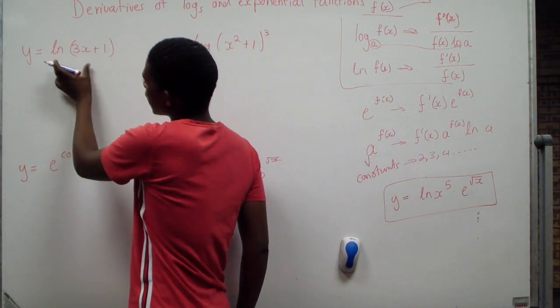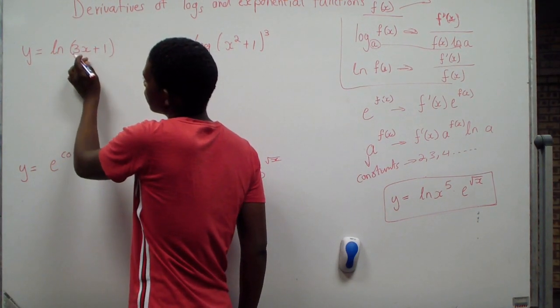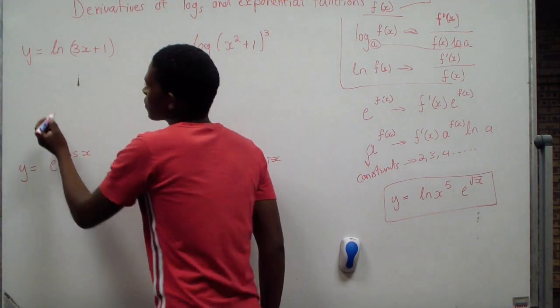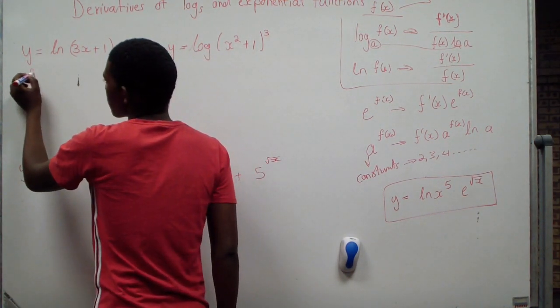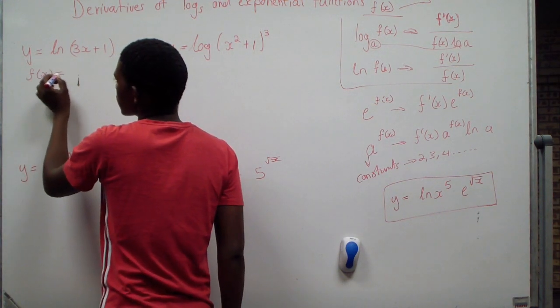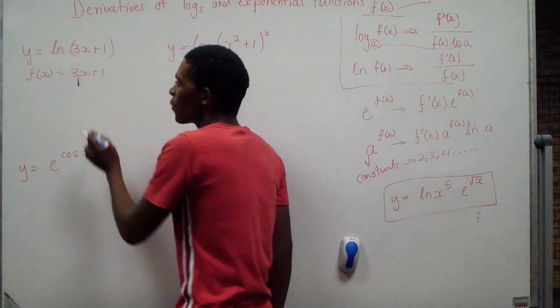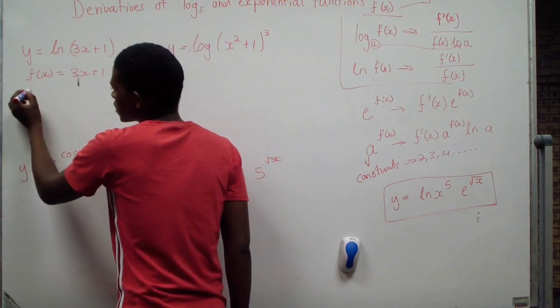Let's say I'm given ln of the function 3x plus 1. So my f at x is equal to 3x plus 1. What is the derivative of my function?